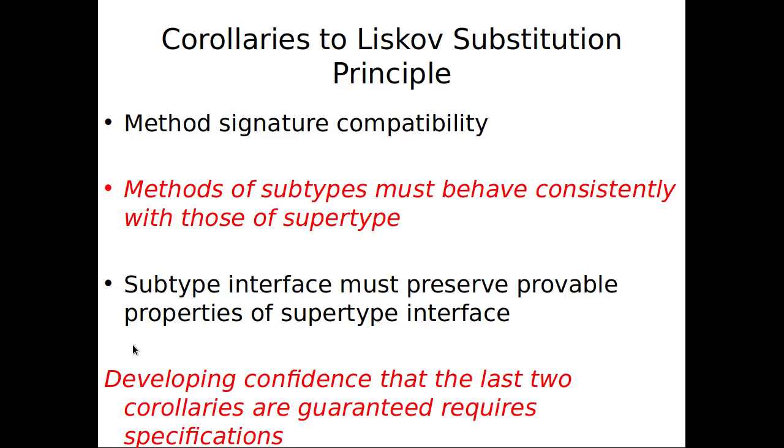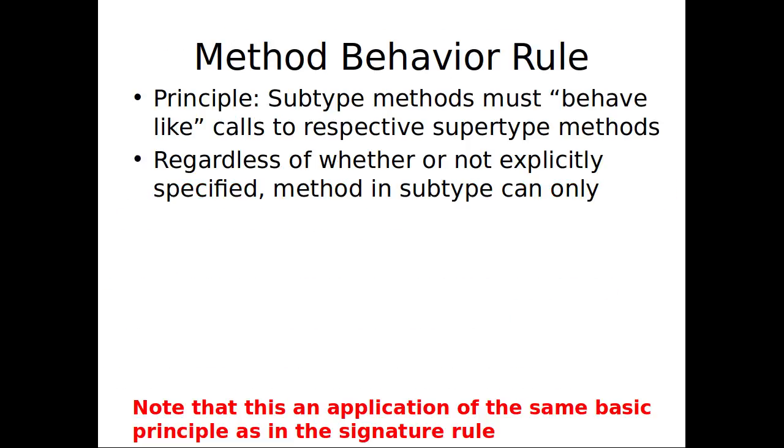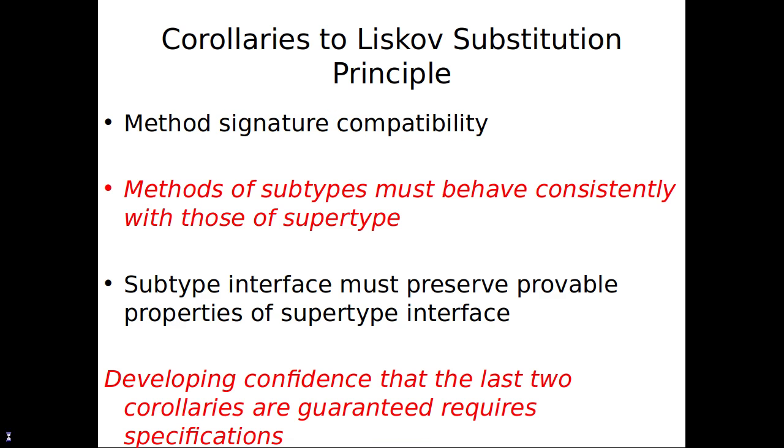Okay, the second major thing is that the methods need to behave in consistent ways. So that's all about just the typing. I mean, this is just about the types of the arguments. But what's more fundamental than that is that they have to behave consistently. If you have a method square root within the subtype, it has to behave in a way that's consistent with its specification in the supertype.